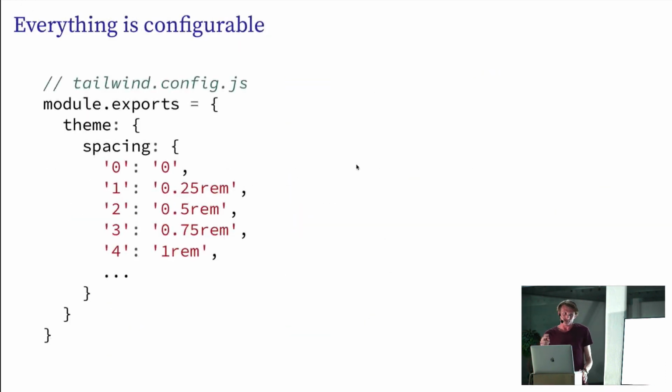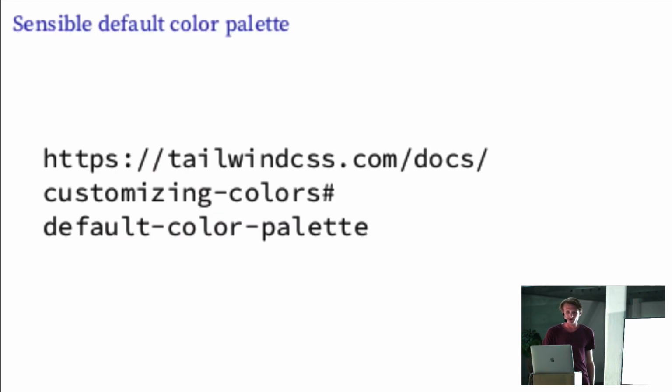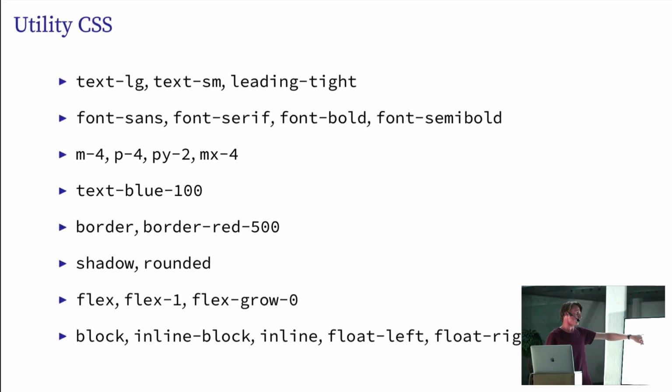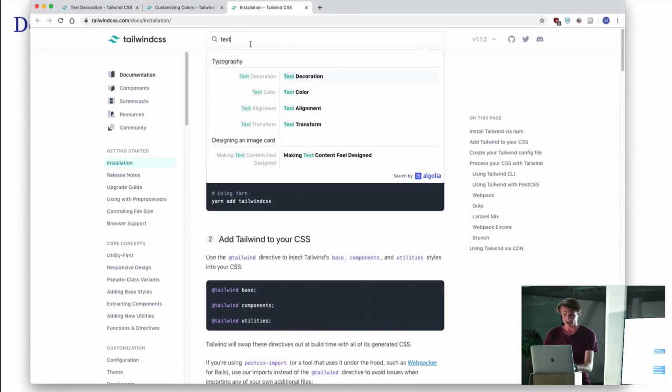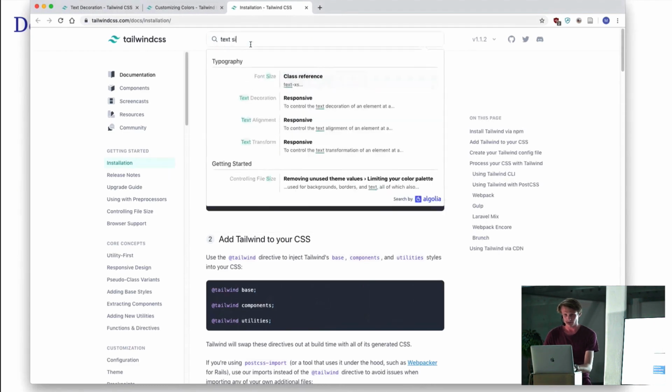And then, the most important thing about Tailwind is not actually all of these classes. In this example here, we have text large, text small, font sans, font serif. All of this is configurable. By default, it has defined that large, and we can actually see it in the documentation. Text size.